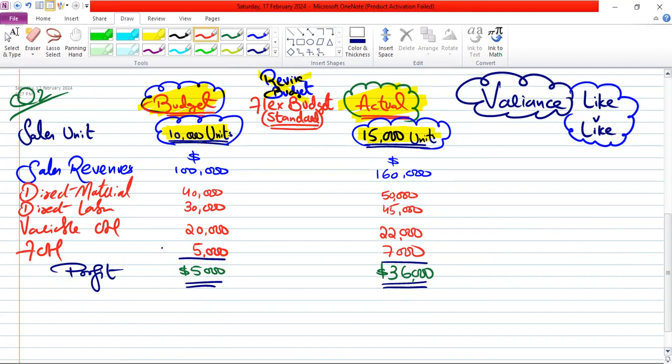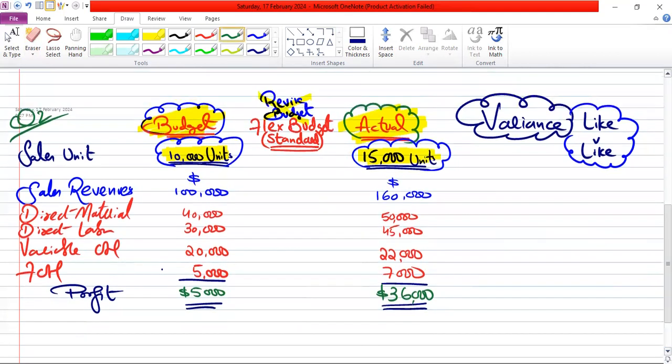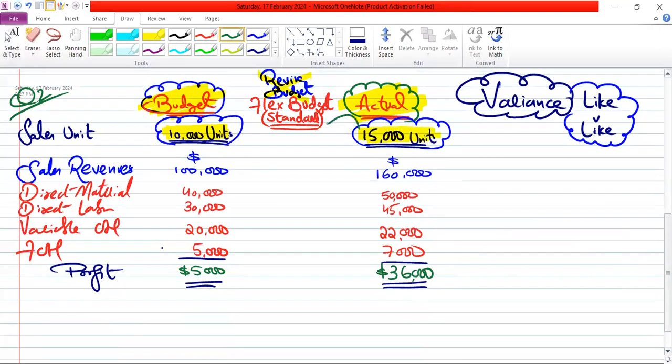All are the same. Got my point? Always remember, the flex budget, the standard budget, or the revised budget is always made on the basis of actual units.